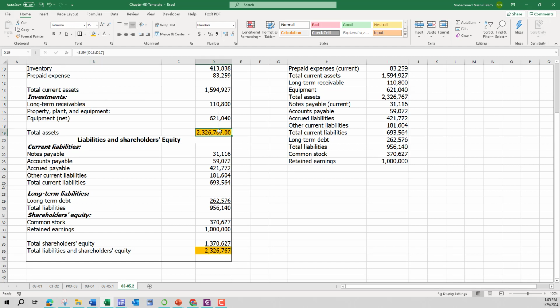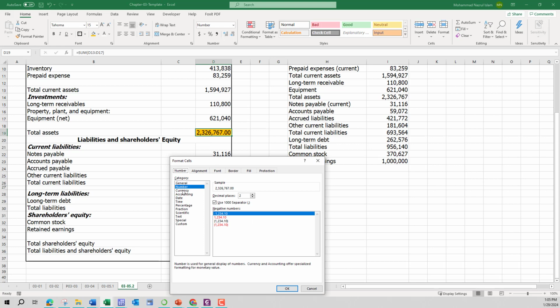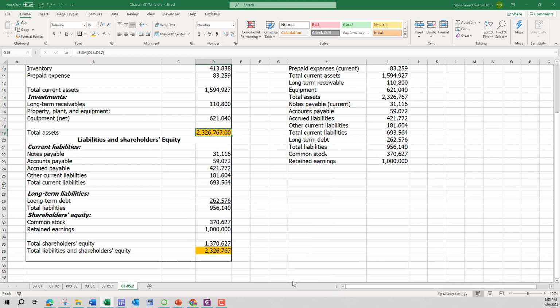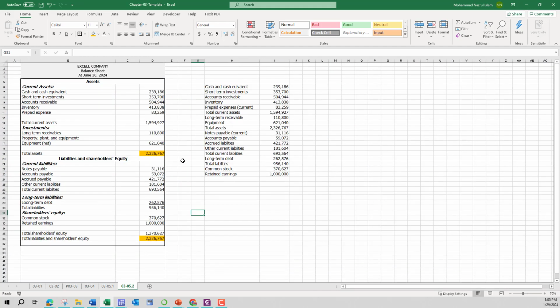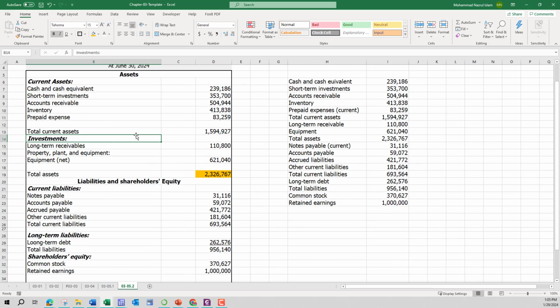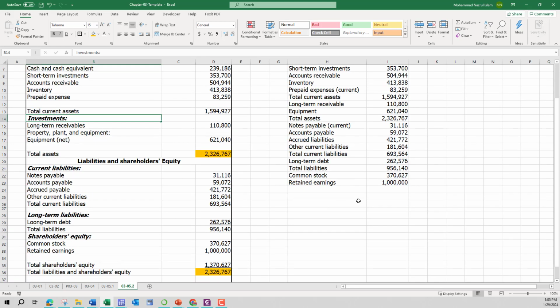For this one, let me format the cell. We don't need any decimal places. So this is the balance sheet we have prepared. This will be on Canvas. Thank you.